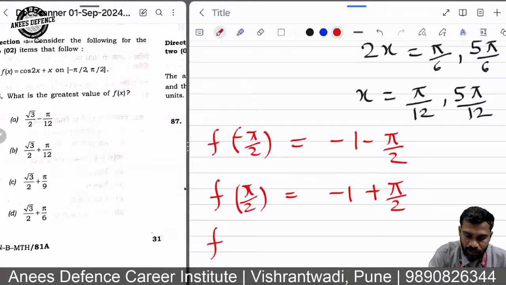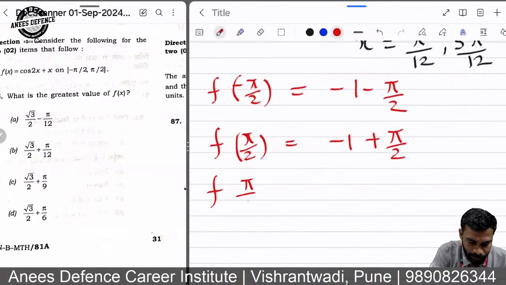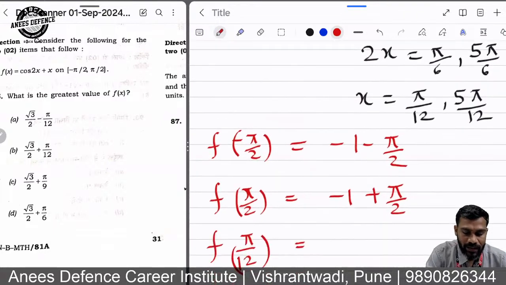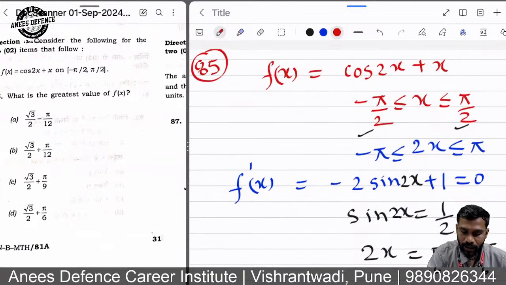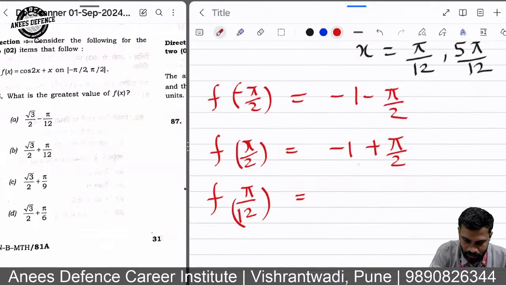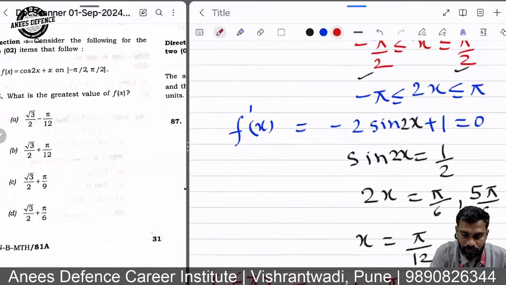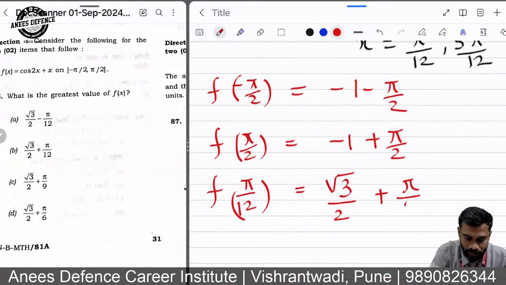And then critical points, we have got f of pi by 12 and f of 5 pi by 12. If x is pi by 12, it means 2x is pi by 6, right? So cos pi by 6 is root 3 by 2. I can write directly, in place of x, I can write pi by 12.